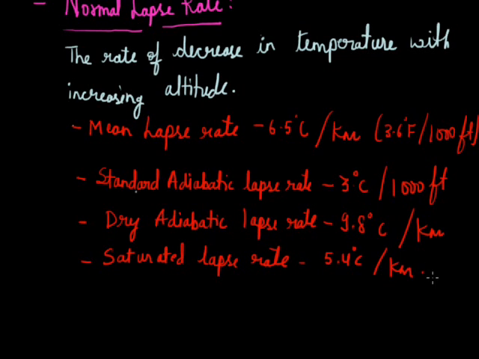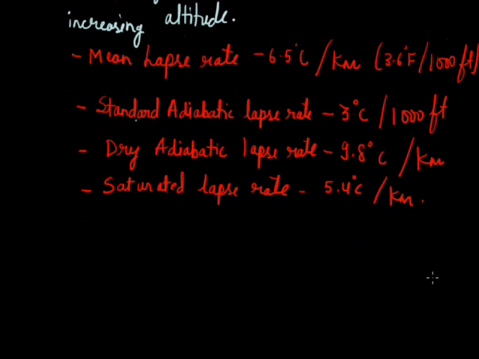So we see that the temperature fall varies not just with the altitude but with the size of the column or the parcel of the air, and the humidity content of the air column.